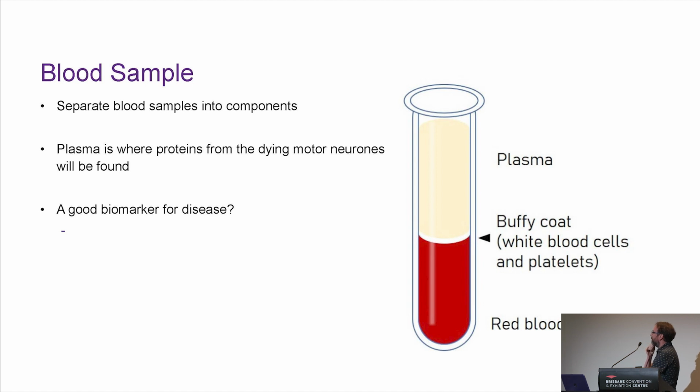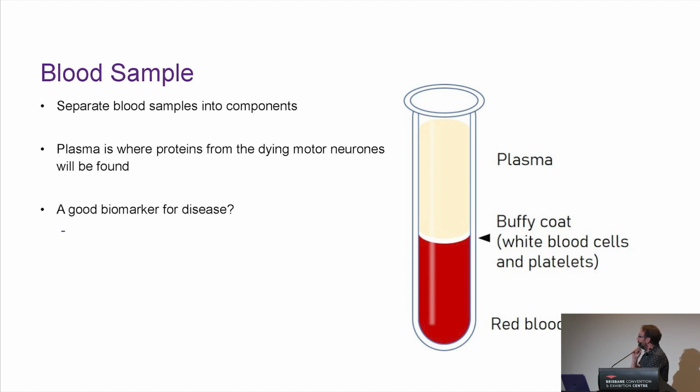So this is a blood sample, and it can get separated into components. This is one of the things they do to the blood samples that come in. Here we've got a blood sample that's been separated out into the red blood cells. We've got the white blood cells in the middle there. It's a very small layer.